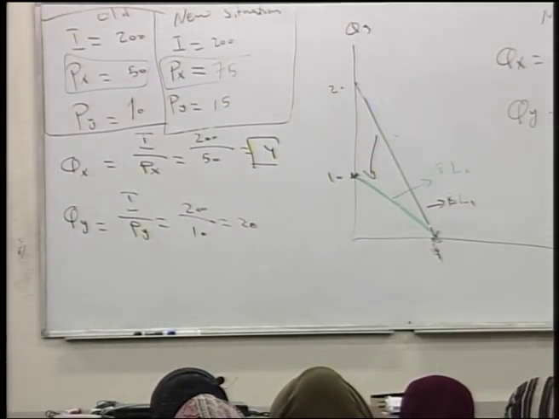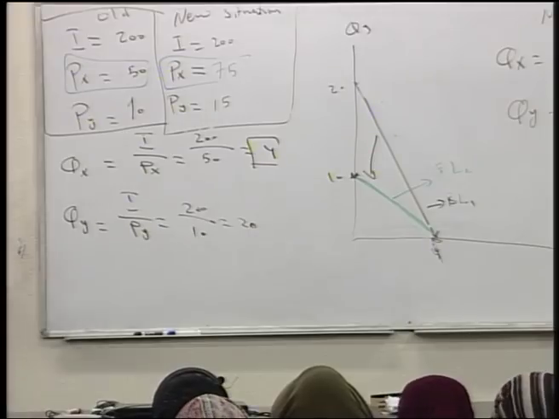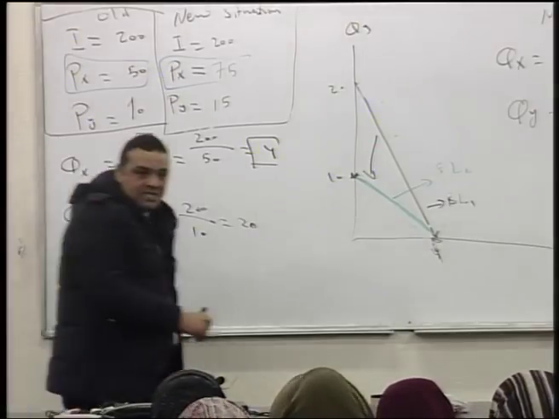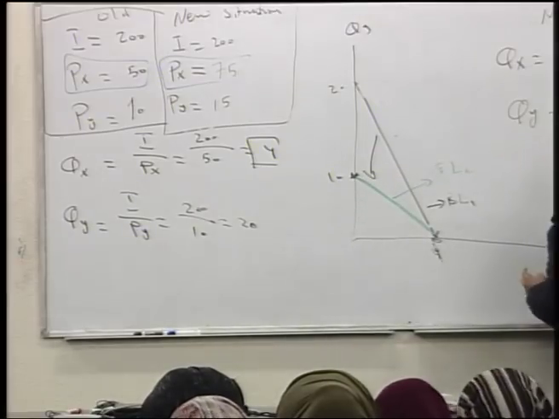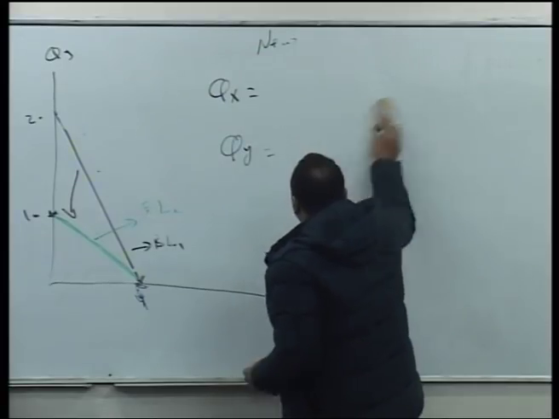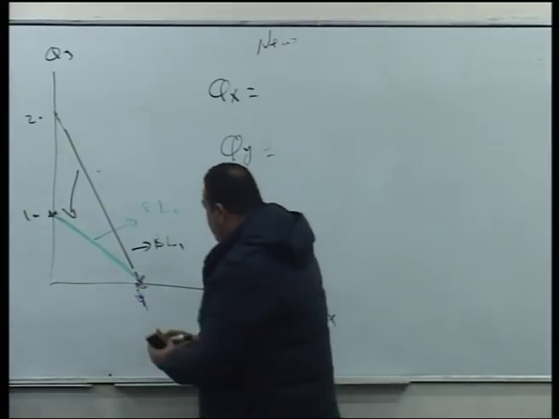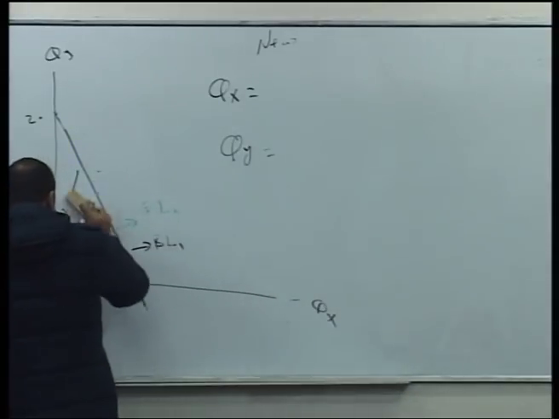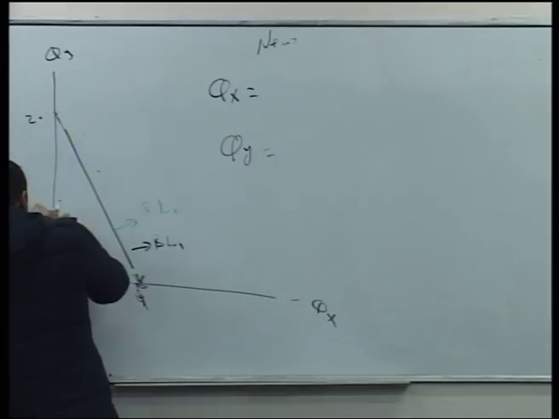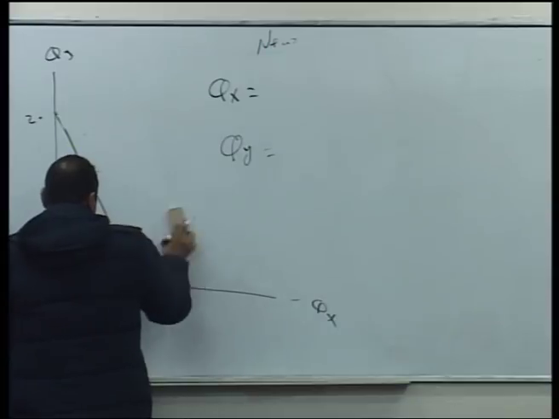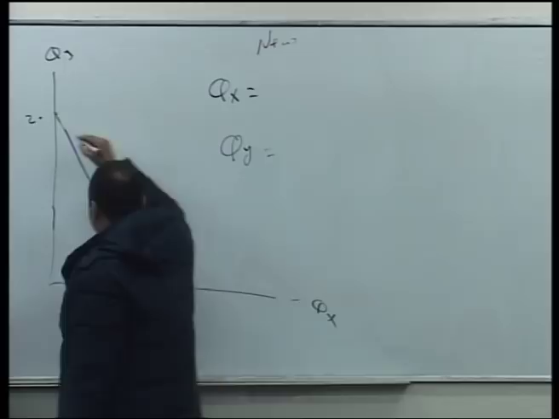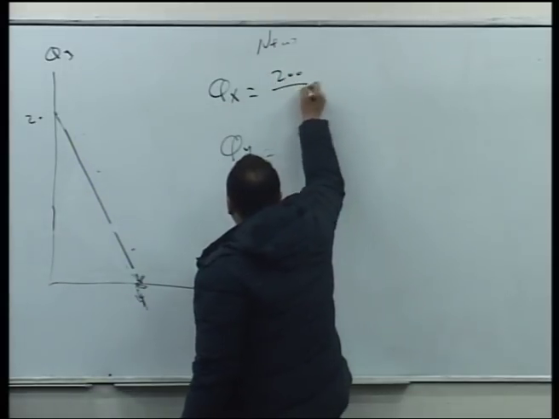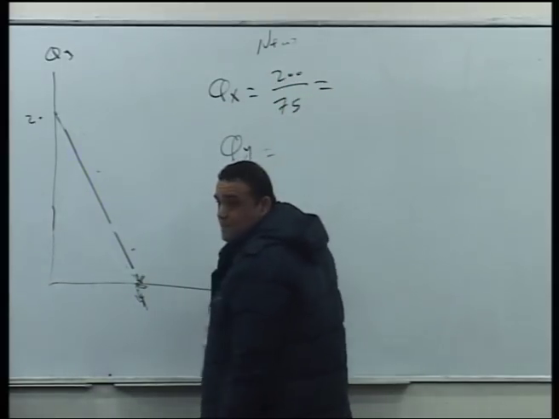What will happen to the budget line? We have to calculate the new quantity of X and the new quantity of Y. Here we are talking about the new situation; this is the original. The new quantity of X equals 200 over 75. How much is it?